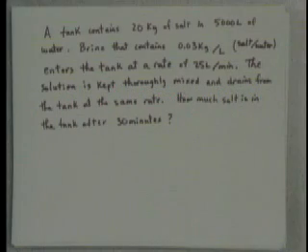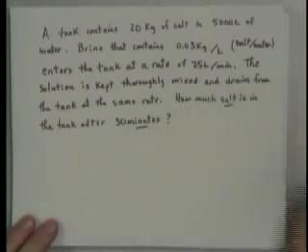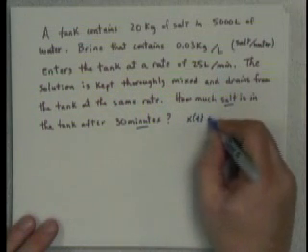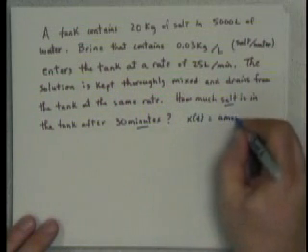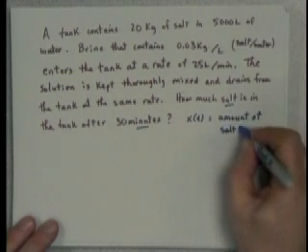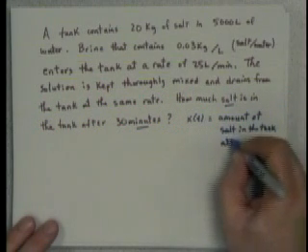Okay, so I want to make a differential equation out of this, and it has to do with salt and time. So let x of t equal the amount of salt in the tank at time t.